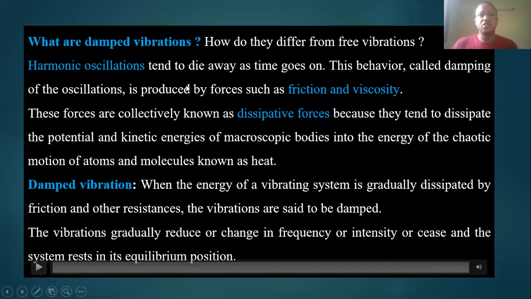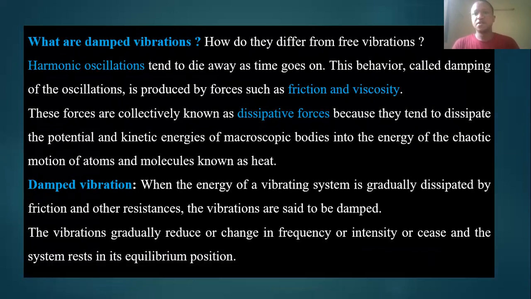So harmonic oscillations tend to die away as time goes on. This behavior is called damping of the oscillation when it is produced by forces such as friction force, air friction, and viscosity. These forces are collectively known as dissipative forces because they tend to dissipate the potential and kinetic energy of the oscillating bodies into the energy of random motions of atoms and molecules.